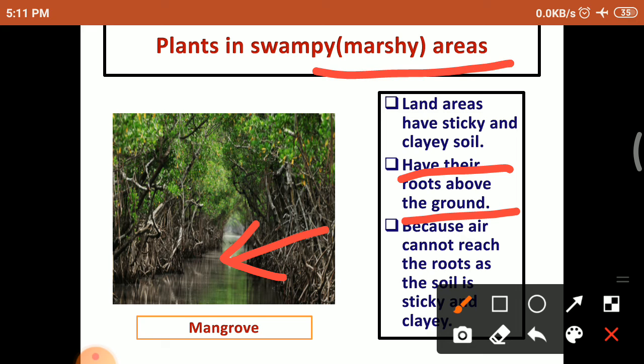The marshy area has sticky and clayey soil. And the plants that grow in these areas have their roots above the ground. Why? Because air cannot reach the roots because of the sticky and clayey soil. So these roots are called breathing roots, which help them to breathe.